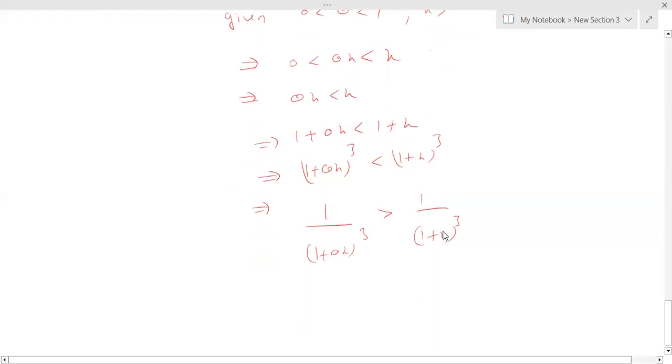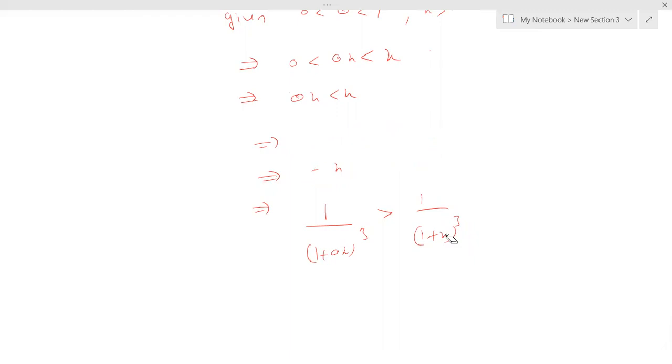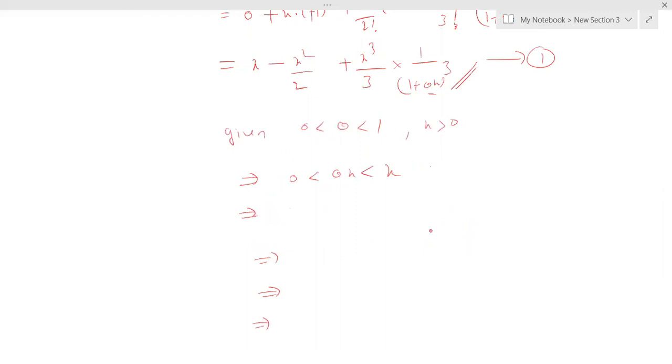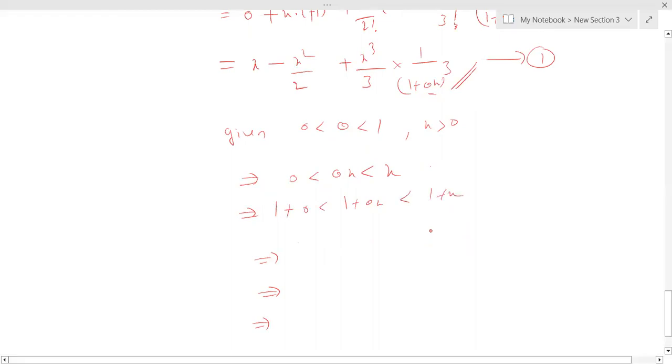One more thing, it is better to see here also. In the inequality we have 3 terms. Continue with the 3 terms, it is better. Adding 1, 1 plus 0, 1.